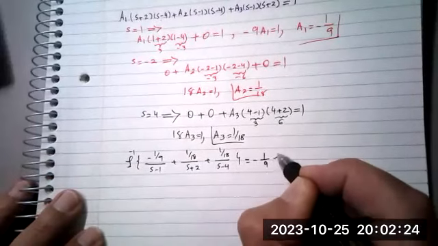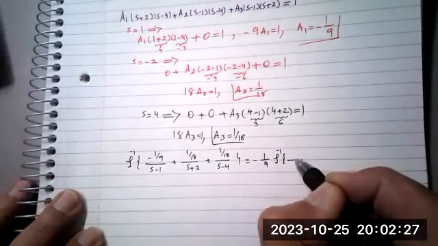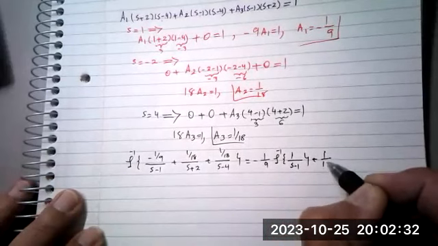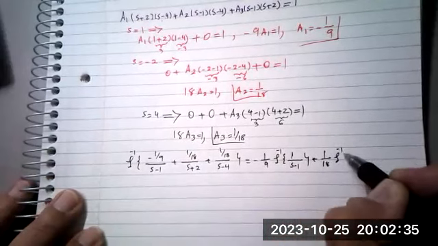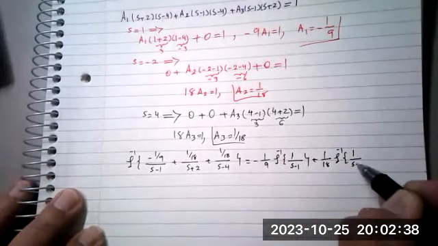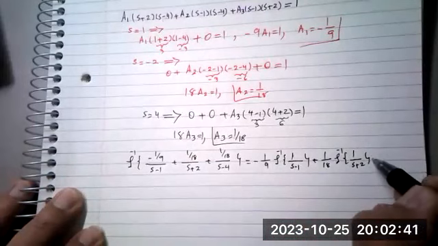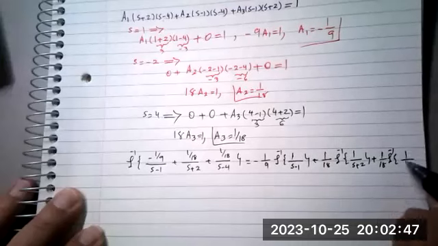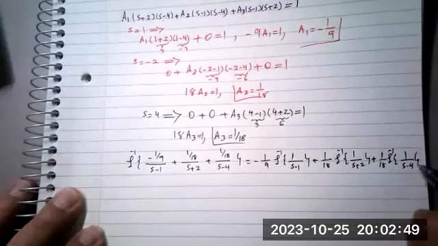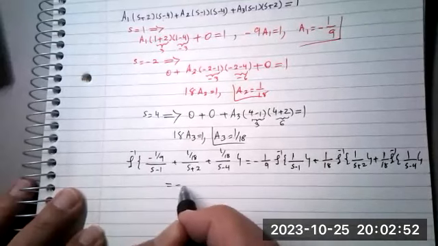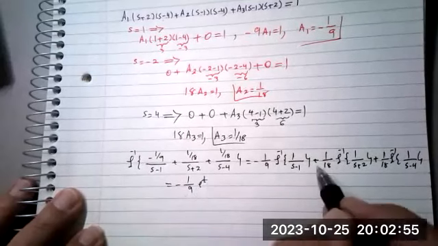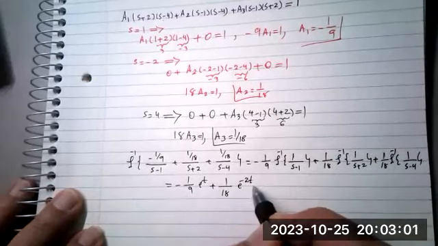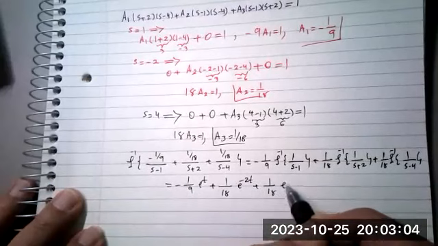Negative 1 over 9 times the Laplace inverse of 1 over s minus 1, plus 1 over 18 times the Laplace inverse of 1 over s plus 2, plus 1 over 18 times the Laplace inverse of 1 over s minus 4. They are all exponential functions. So the first one, negative 1 over 9 e to the t. The second one, 1 over 18 e to the negative 2t. And the last one, e to the 4t.